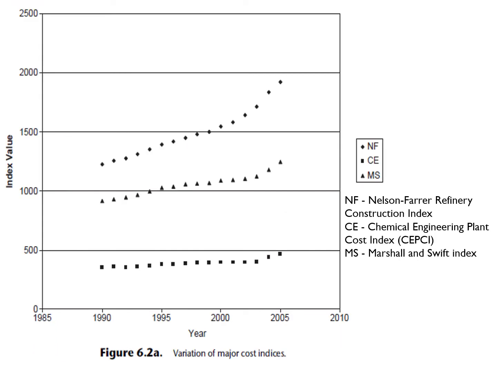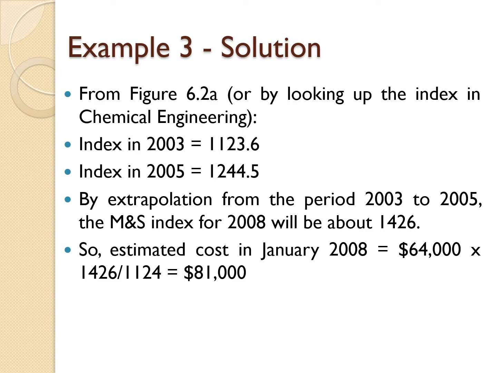This is the graph that I'm referring to. So you may find the index. Just now we have 2008 and also 2005, right? 2003 and 2005, we have the indexes inside the figure.